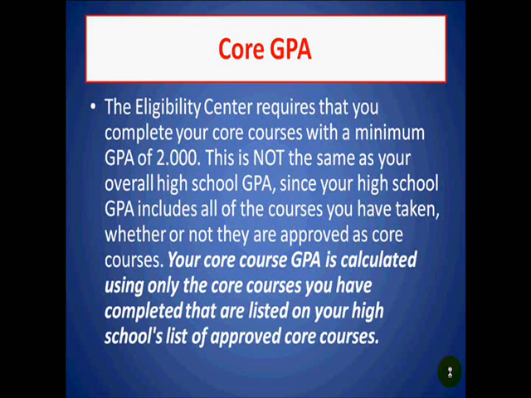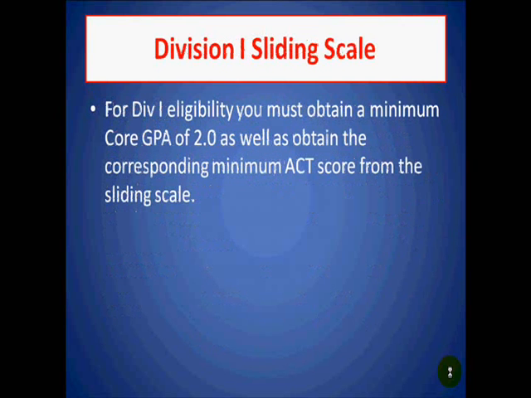A lot of you may have like a 2.3, 2.4 overall GPA, but that is not your core because it includes all the extra classes you've taken. As you know, you need far more than 16 or 14 classes or units to graduate, so obviously there are more being counted in your overall GPA than just in your core GPA.